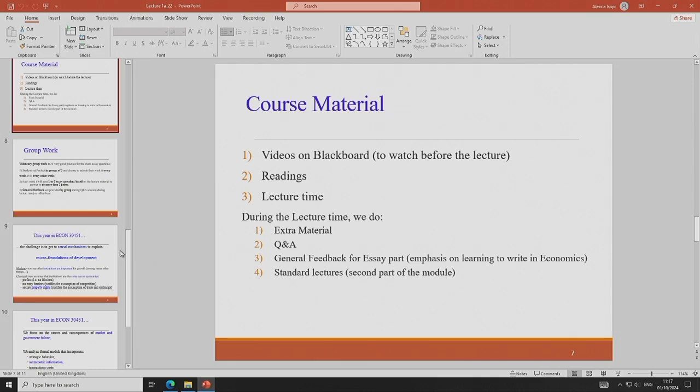So in that sense, it's true that I don't link the topics to the question, but I leave you some freedom in terms of what topics and arguments to bring when you discuss the question, both in the midterm and in the final exam.